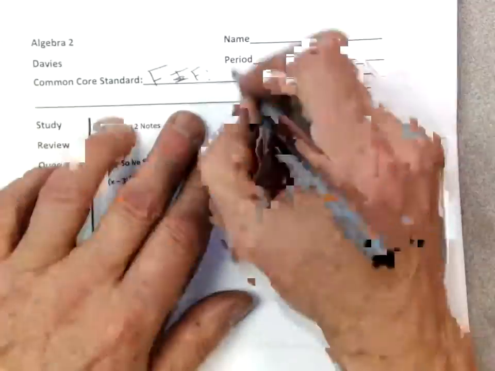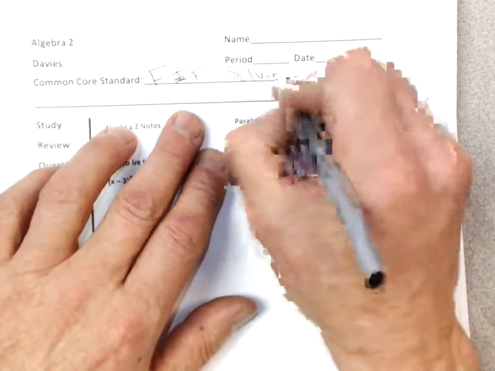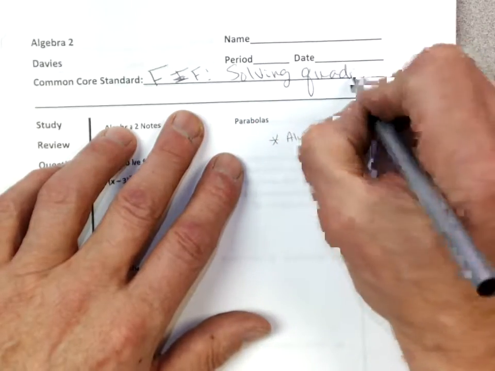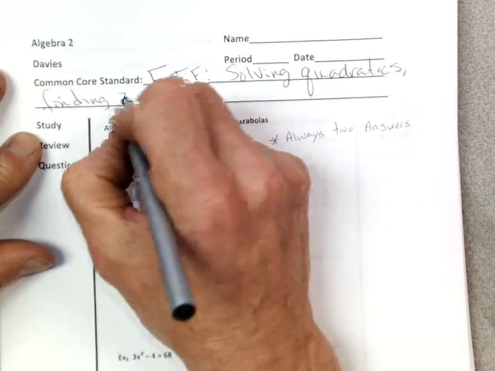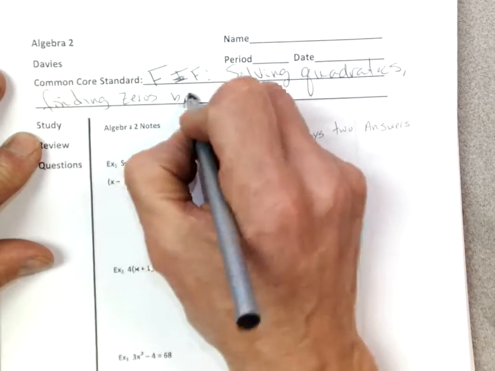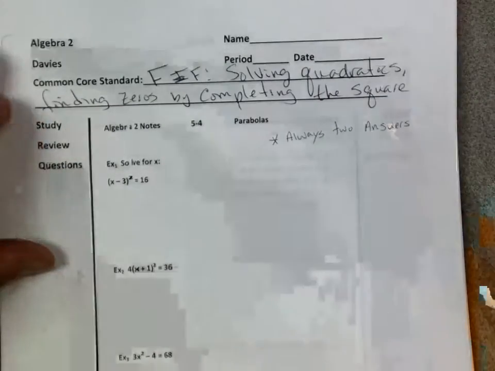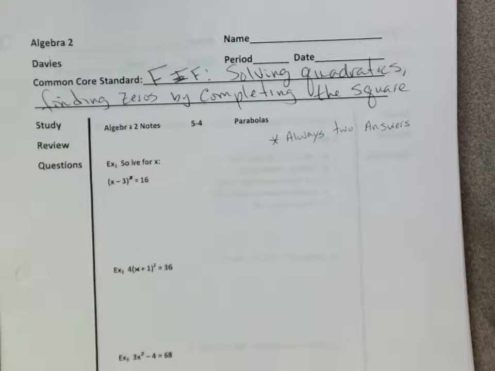And it is basically talking about solving quadratics, finding zeros by completing the square. All right. So, complete the square, right?